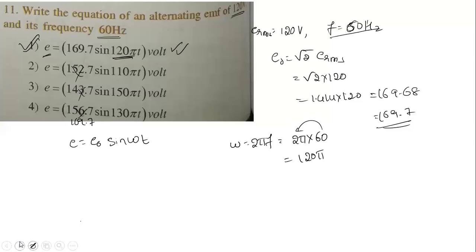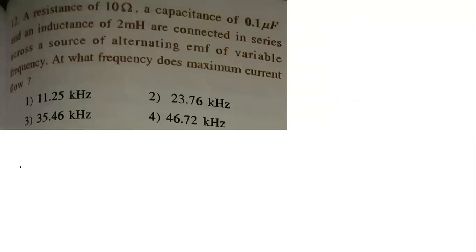Let us look at the next question, number 12. In the question, a resistor of 10 ohm, a capacitor of 0.1 microfarad and an inductance of 2 millihenry are connected in series combination to the alternating voltage.